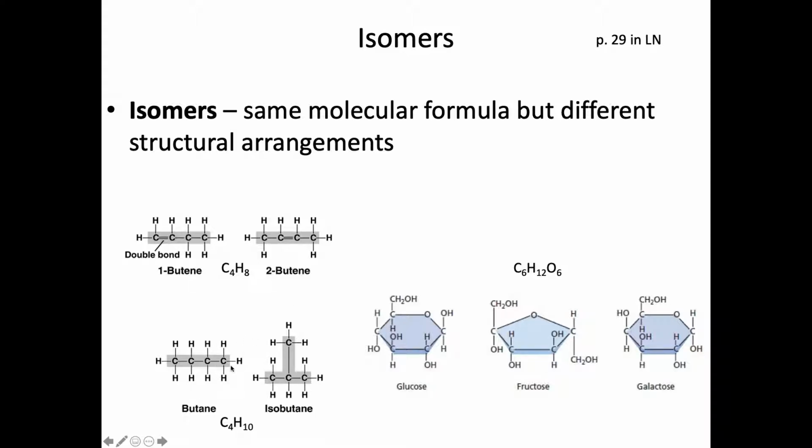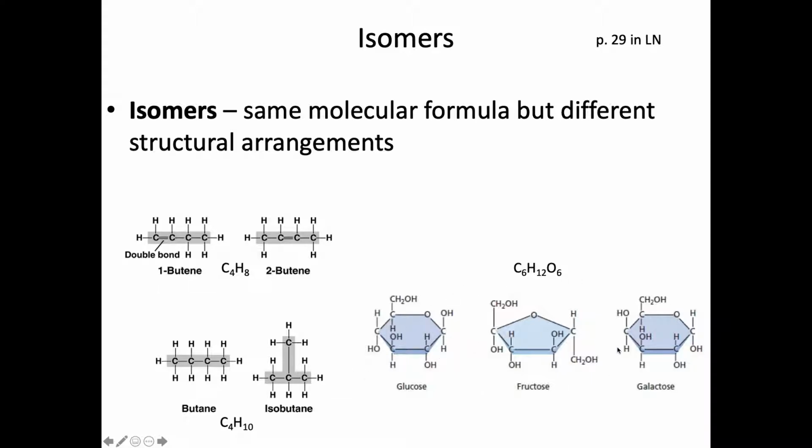Let's look at this example here. Butane and isobutane both have a chemical formula of C4H10, and we can really tell that the structure of these molecules is different, whereas here is a long chain, and here the carbons are branched.